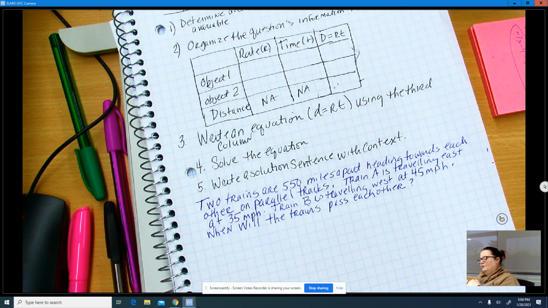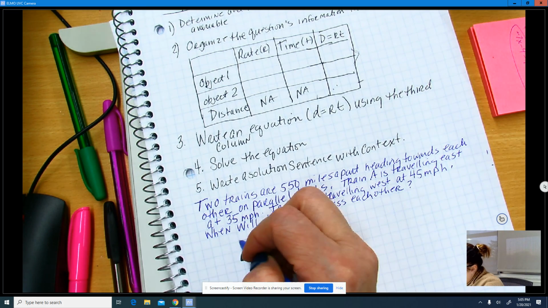When they say pass, they're not asking that they have to truly go past each other. Basically, imagine two parts of the train, and when exactly do they hit side by side? I guess not hit, they're not crashing, but when are they first going to cross each other's planes?